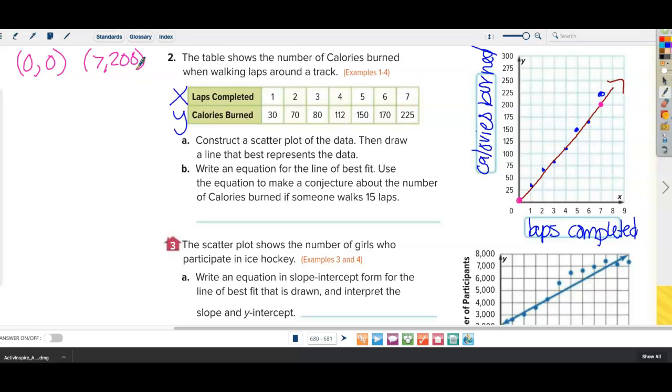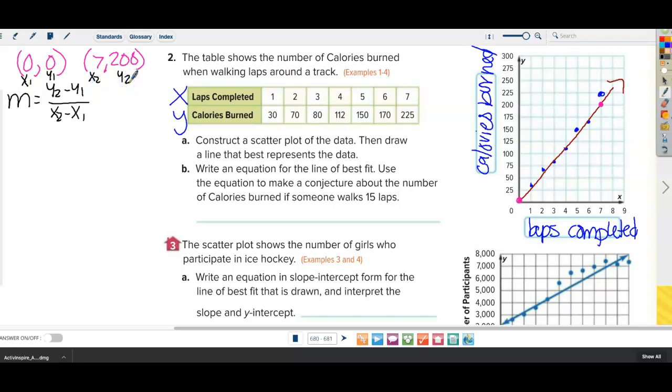Then the next step, we're going to calculate our slope using m equals y2 minus y1 over x2 minus x1. So if this is x1, this is y1, x2, this is y2.